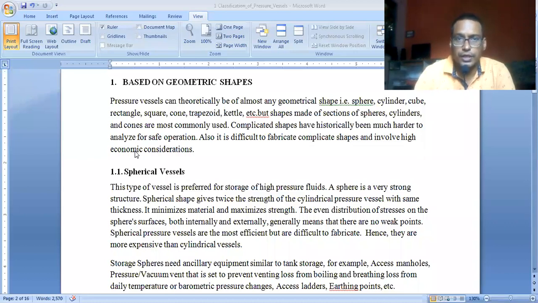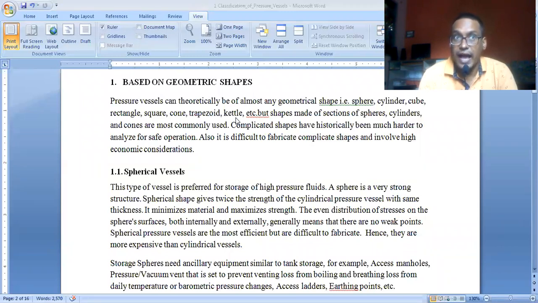That is, based on the geometric shapes. Generally, spherical vessels are preferred. These spherical storage vessels are preferred for high pressure and are very strong. Spherical pressure vessels are the strongest vessels because the distribution of the pressure is uniform in these vessels.